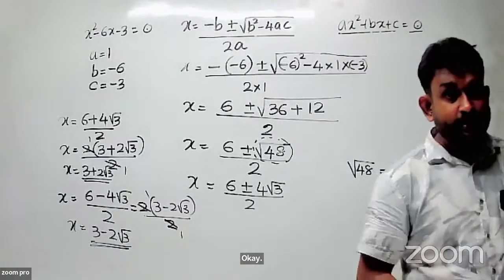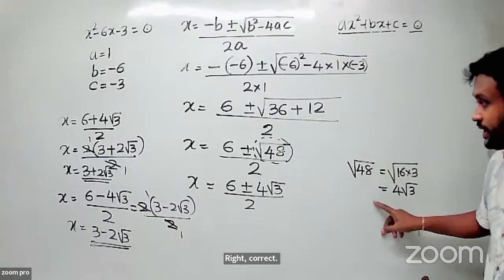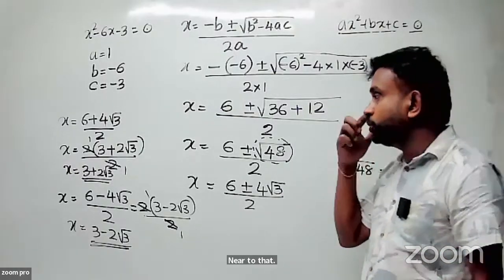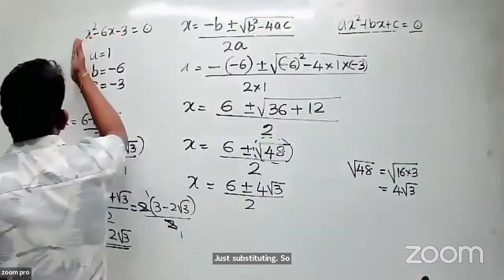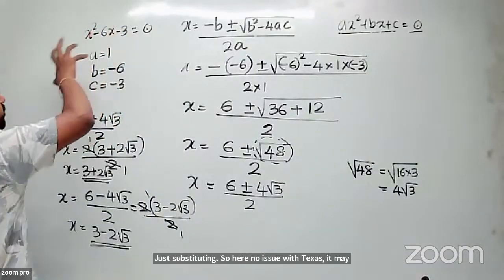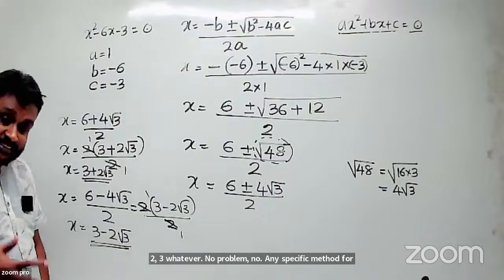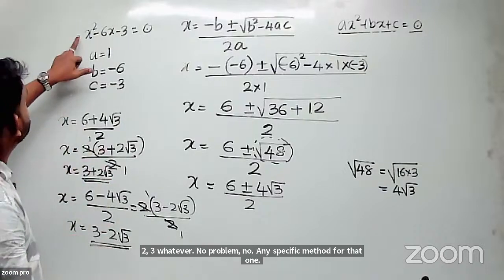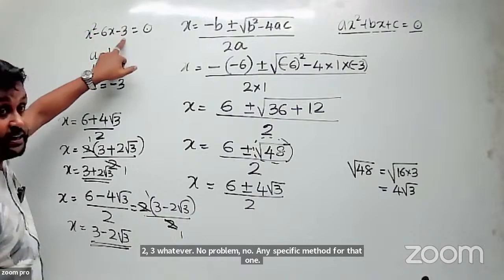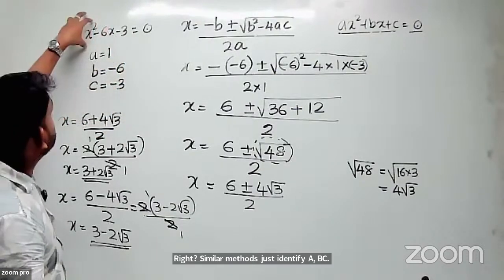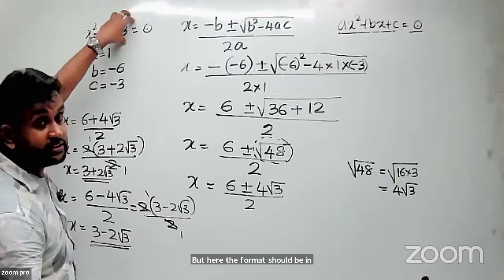So I think that is done. Write this part down near to that. Just substituting. Here there is no issue with the x squared coefficient. It may be 2, 3, whatever. No problem. There is no specific separate method for that one. Similar methods. Just identify A, B, C. But the format should be in this way: x squared terms, x terms, constant term.